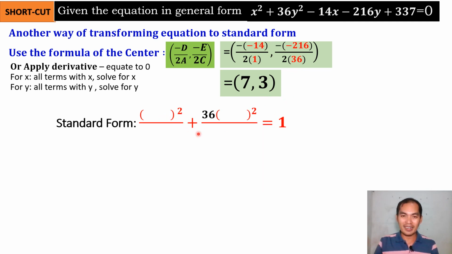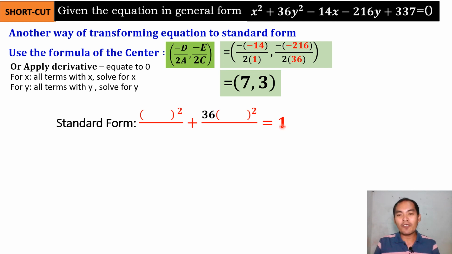So take note of the coefficient of the leading variable. The leading variable is x. So the leading term is x squared. The coefficient is 1, so 1 dito. For y it is 36, that is why may 36 dito. Now, ang reference natin ay itong 1. Paano itong?